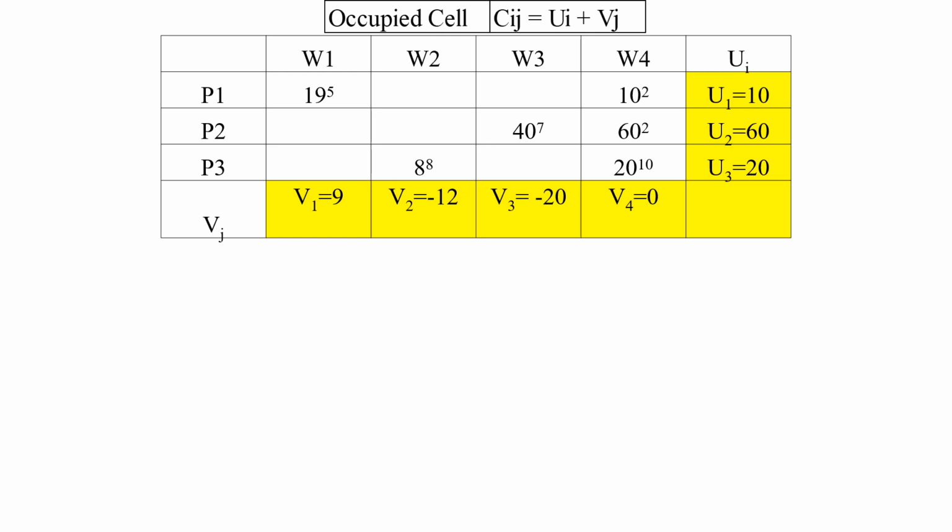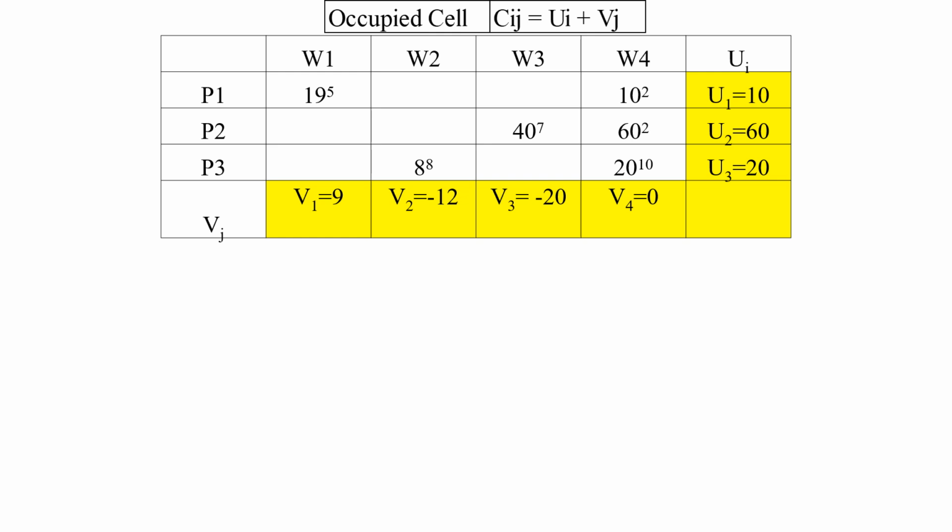If V4 is 0, then U3 equals 20. Suppose this is the cell P2W4, where the Cij value is 60 and V4 is 0, then U2 equals 60. In this way, you can calculate U1, U2, U3, V1, V2, V3 and V4.